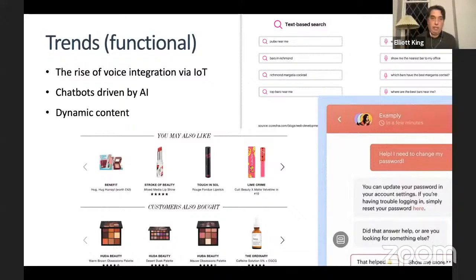And I think we're going to see those types of integrations increasingly integrated into websites. And then there's this other thing around dynamic content. We've seen it for a while now in e-commerce websites, but there are increasing integrations that you can build into websites that allow us to create a more personal experience for end users.